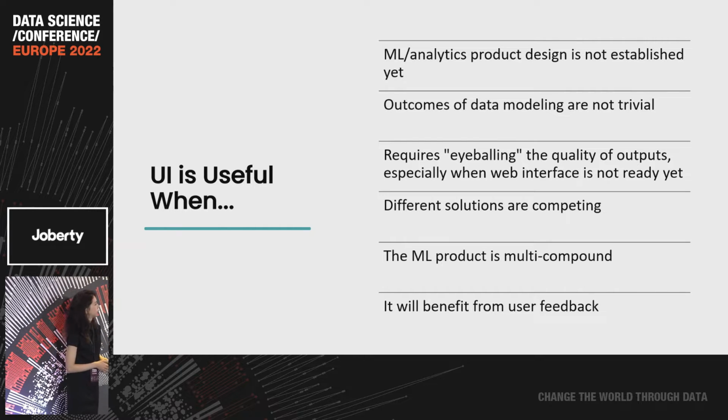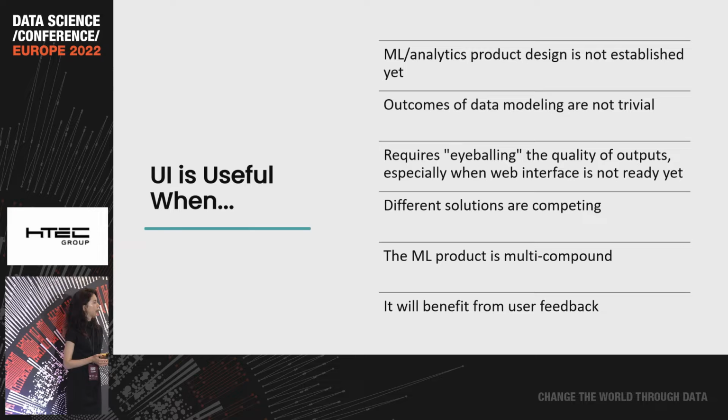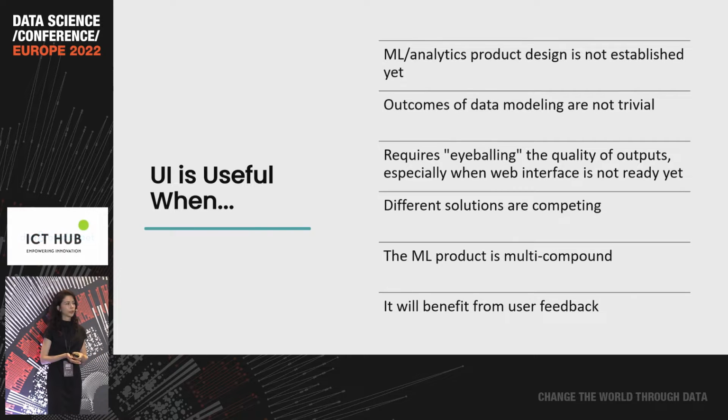And also when outcomes of data modeling are not trivial, which can very often happen. The third one is when results require eyeballing, especially when the web interface is not ready yet. And that's often very true.